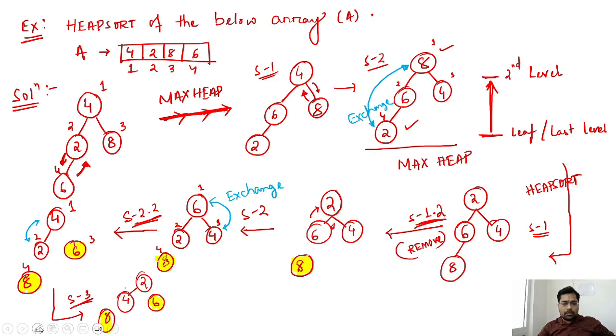Now I have converted 1, 2, 3, 4. Next, we have to remove it. Step 3.2 says once you have done the exchange, you have to remove that one.